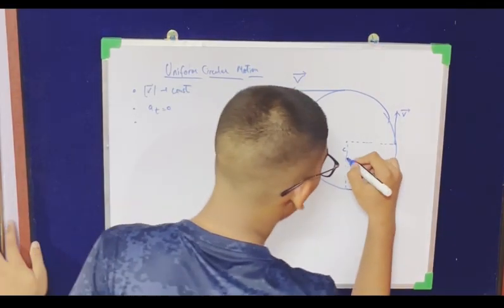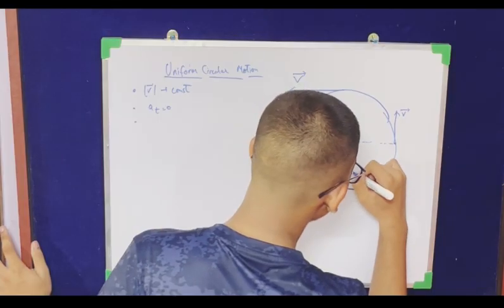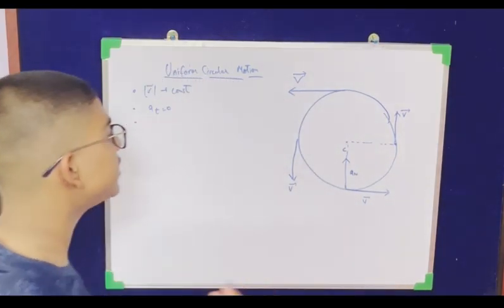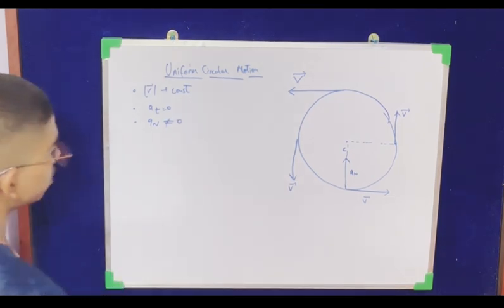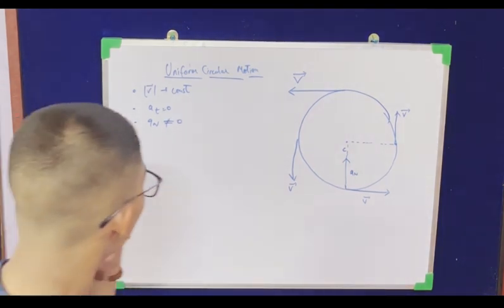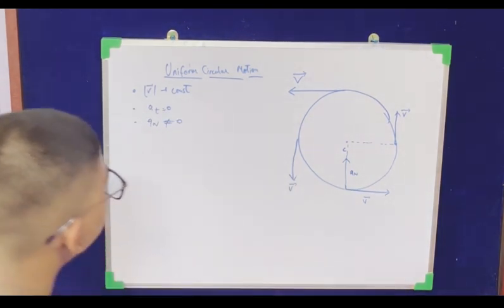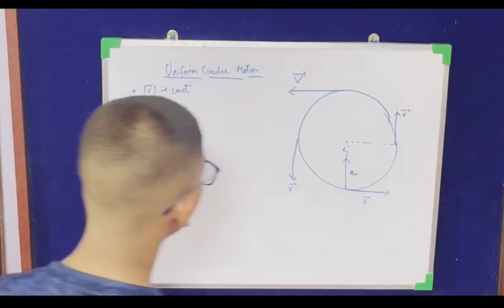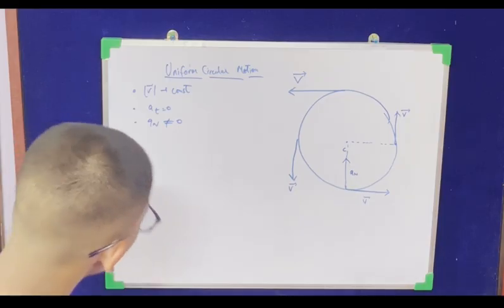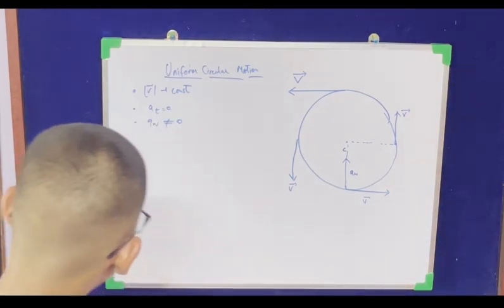But as normal acceleration is acting and causing the change in direction, an is not equal to 0. The normal or centripetal acceleration is changing, right?